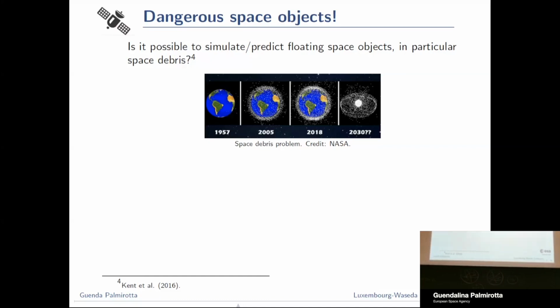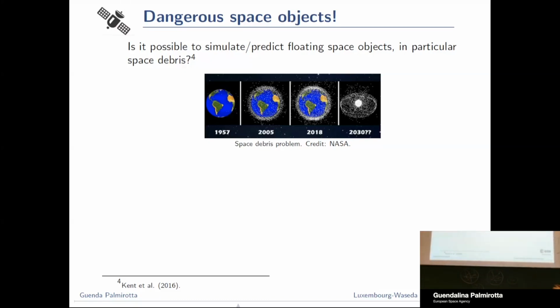And the damage of our satellites means that we have no more connection with the satellites, and they become space debris. This could be dangerous because they are uncontrollable, orbiting the Earth, and they can damage other, active satellites.